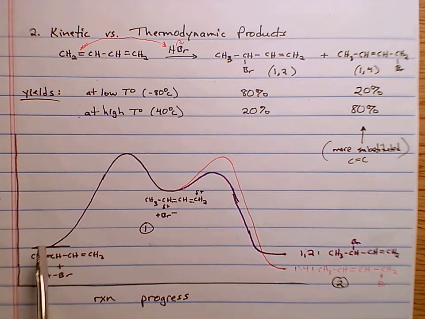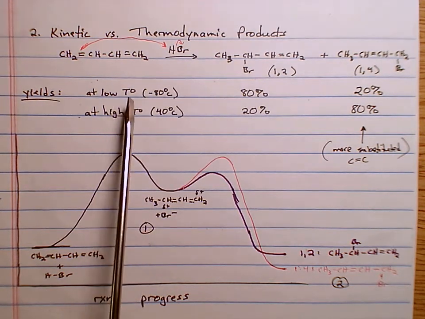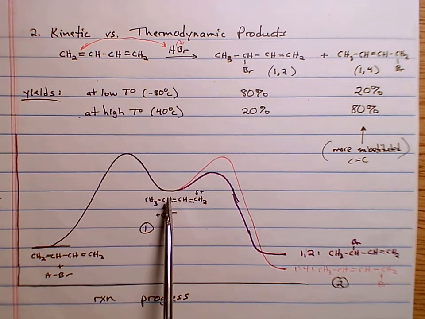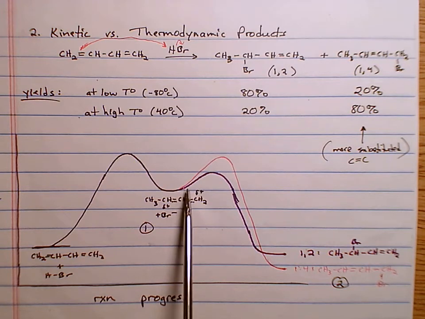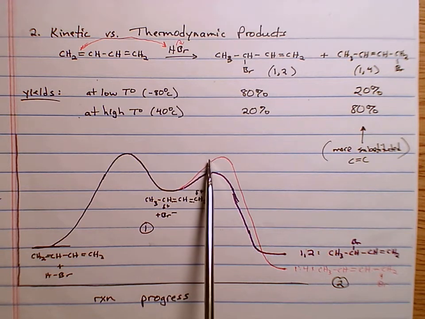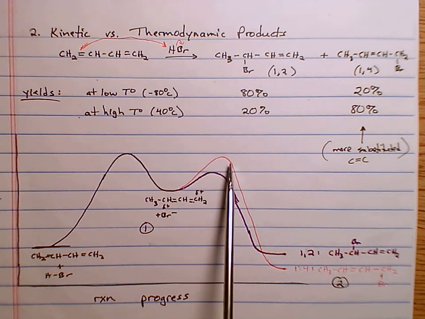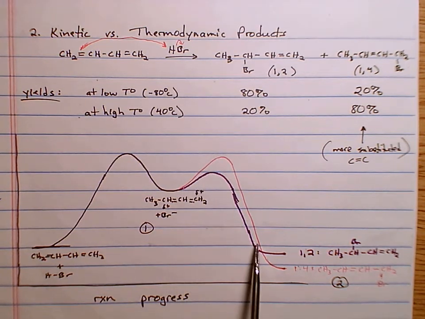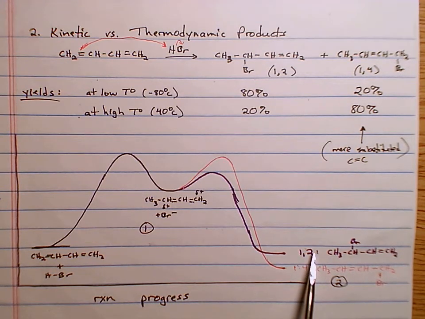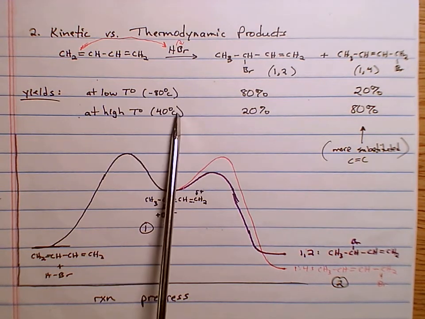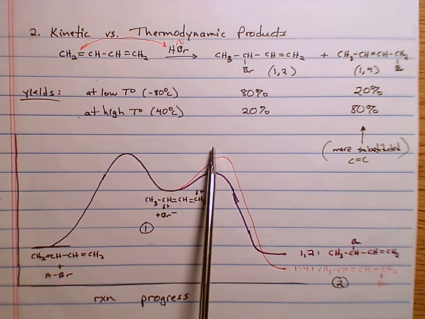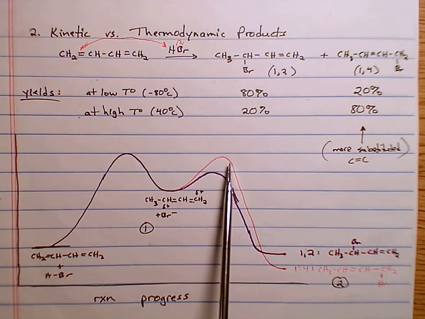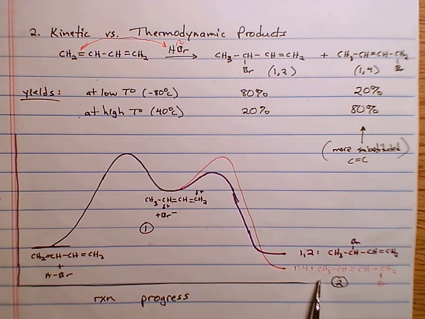So with temperatures, if we keep it at a low temperature, we might not have as much energy to overcome this higher hurdle here, which means we're going to emphasize this lower activation energy, the faster made product. At high temperatures, we've got enough energy to overcome the activation energy, no problems anymore, so then we're going to get more of the more stable product.